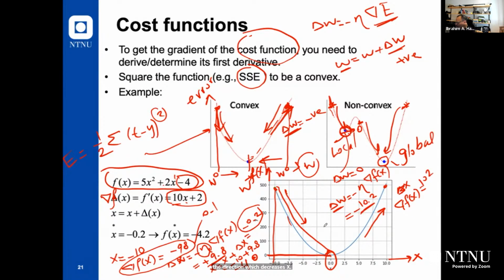So now I will update, right? New x equals old x, which is 10, minus 10.2. So it will be minus 0.2. Oh, wow. So we just go down to the same point in one step. So now you know how it works, right?